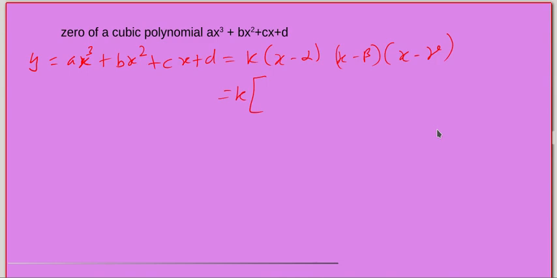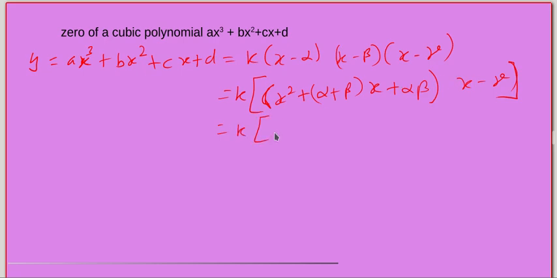Okay, that I will write as it is here: x square minus alpha plus beta into x plus alpha beta. So this is the product of the first two factors. Then x minus gamma is left over, no? So x minus gamma. Okay. So now let me multiply that also.